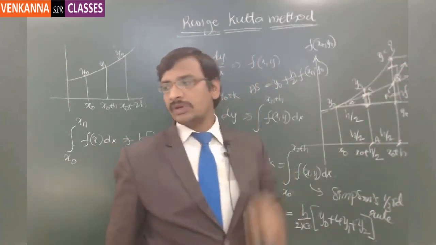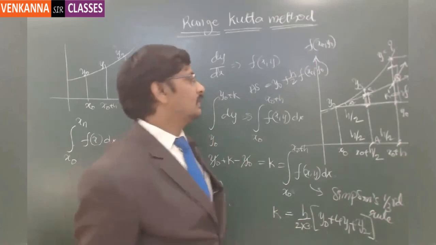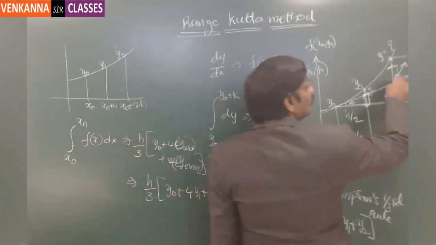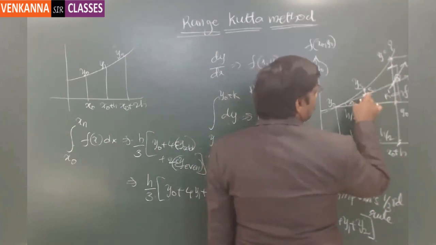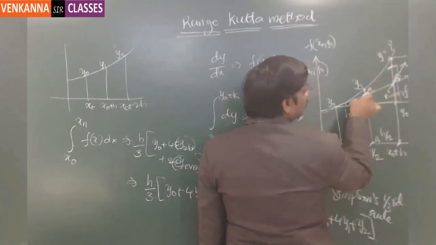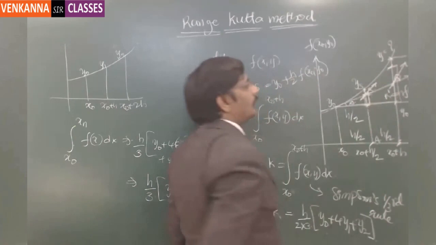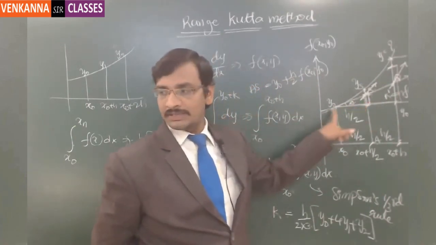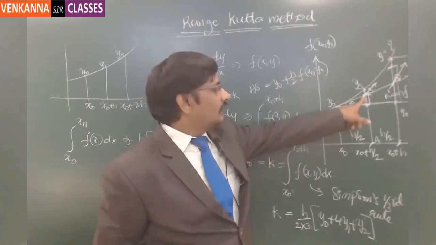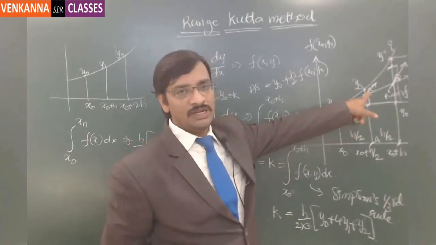Now in Range-Kutta's method, the difference is rather than the improved slope here, we consider the improved slope at this particular point. So we consider the improved slope at this particular point, and we have an existing slope already based on this understanding, and then a little improved slope you will be able to find here.